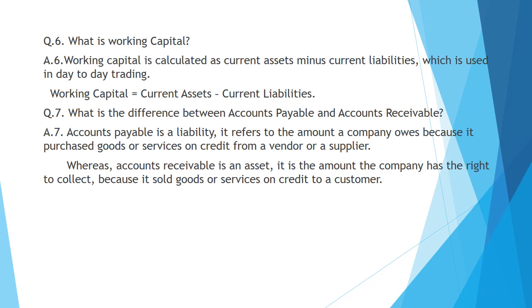It is recorded on the liability side of the balance sheet. Whereas accounts receivable is an asset. It is the amount the company has the right to collect because it sold goods or services on credit to a customer. Normally, accounts receivable is recorded on the asset side of the balance sheet.